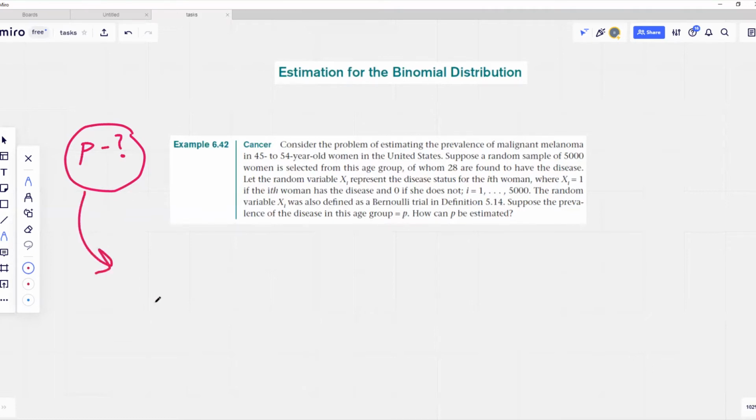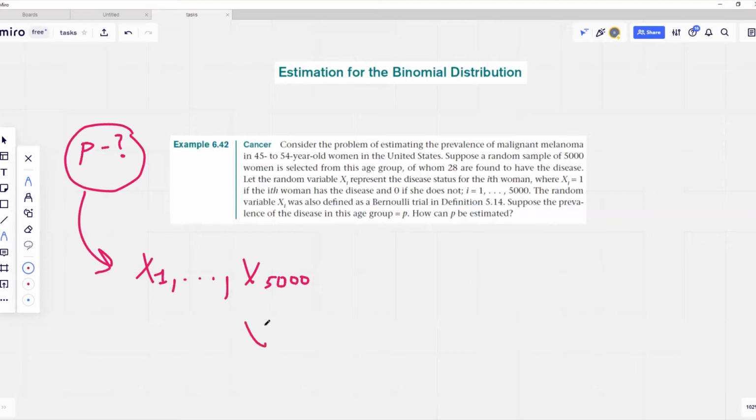Then we draw a sample of 5,000 women, and we find that 28 out of these women are found to have the disease. So we'll represent our women as random variables Xi, from X1 to X5000. Each Xi represents a Bernoulli trial.